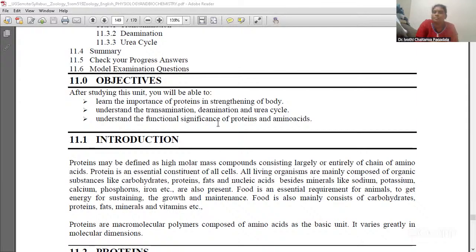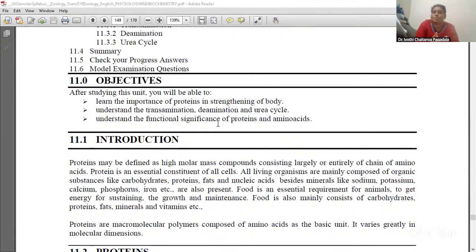And besides this, definitely, it depends upon the sodium, potassium, calcium, phosphorus, iron as minerals. So this is the food, this is the requirement for the animals to get the energy for sustaining and growth and their body maintenance.